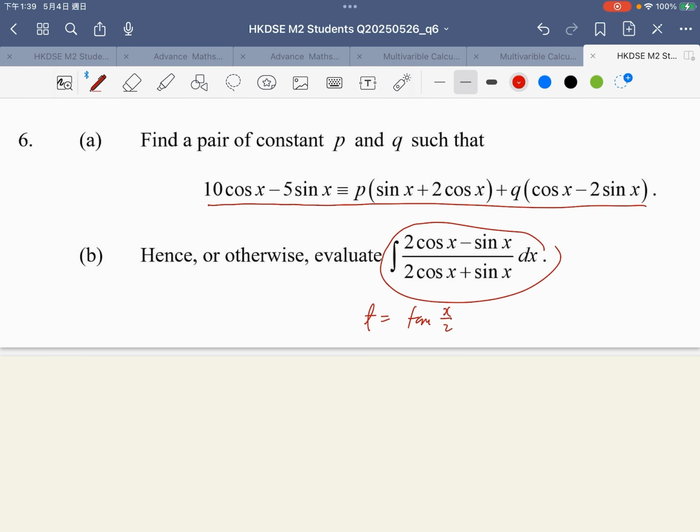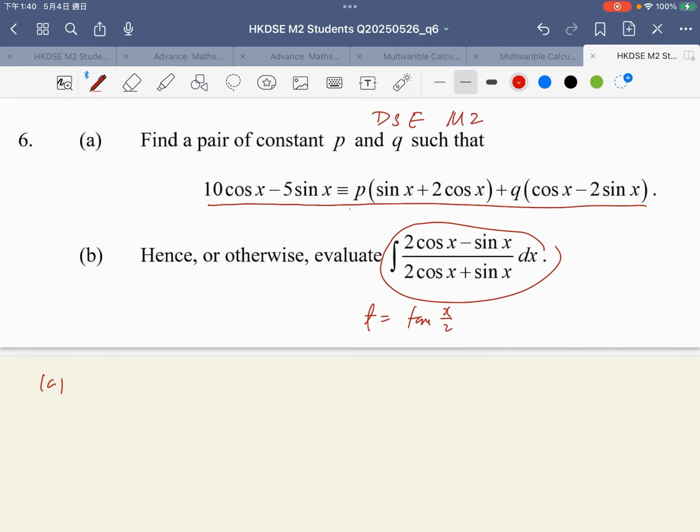It is the so-called decomposition of the sine and cosine. And okay, let's go to the detail of this question. This question is actually from DSE M2, from one of my students. He wants me to demonstrate how to do this question.